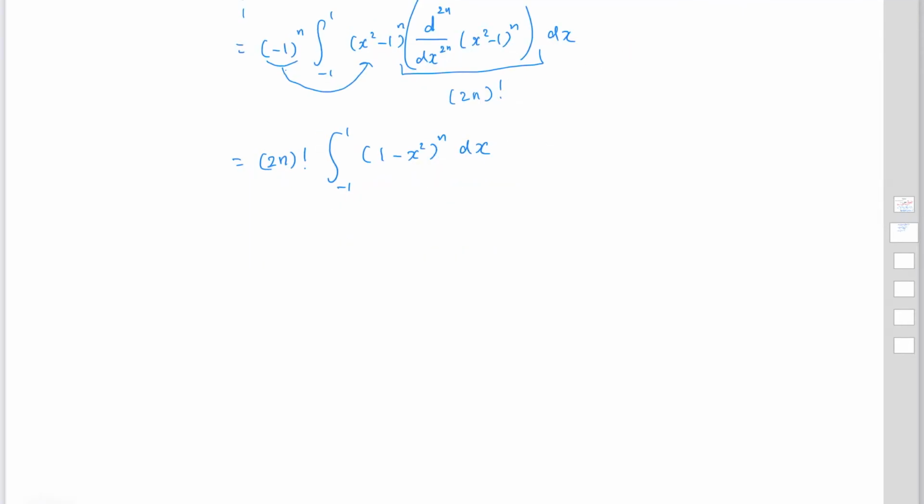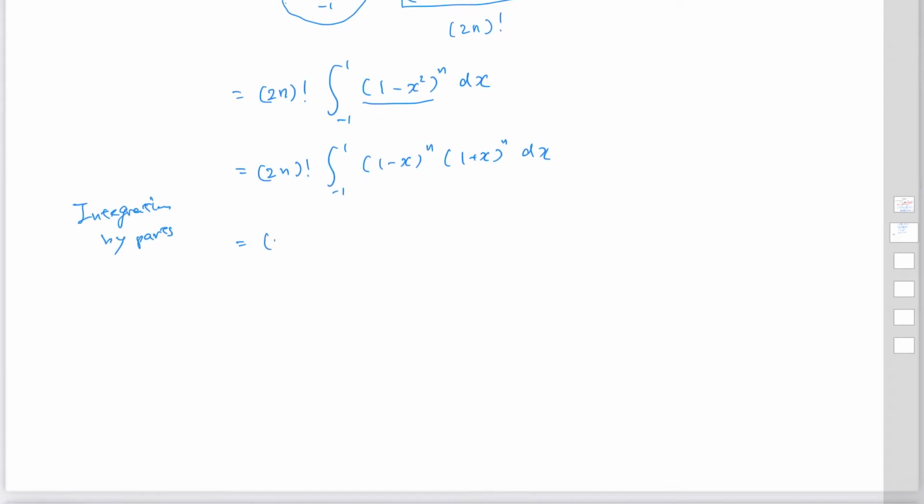From this part, we change these terms. It is factorial of 2n times the integral from minus 1 to 1 of (1 minus x) to the n, (1 plus x) to the n dx. Then we apply the integration by parts again.